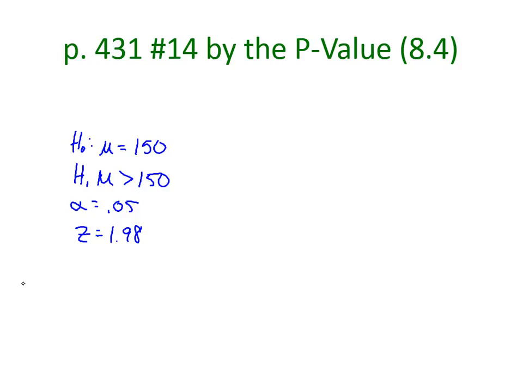If I'm doing the p-value method by hand instead of the traditional method, the p-value method is saying: what is the probability that I can get this test statistic to be this extreme or more extreme, given that the true mean is 150 pounds. So I take my test statistic, which is my 1.98. Because this is a right-tailed test, I'm going to find the probability that it's that extreme or more extreme.